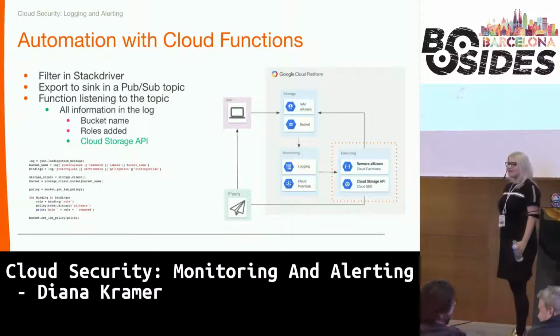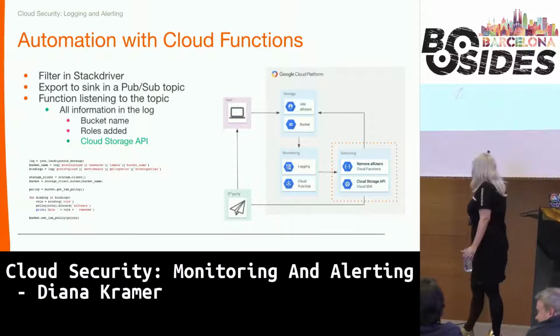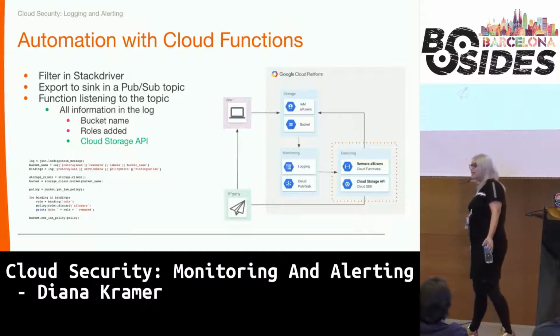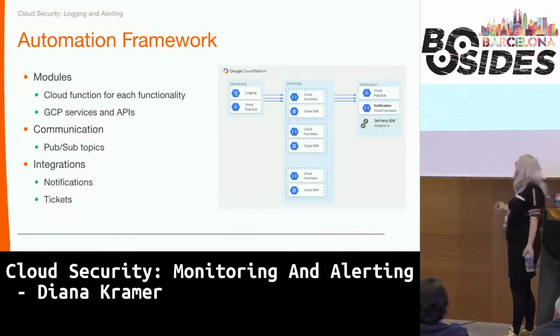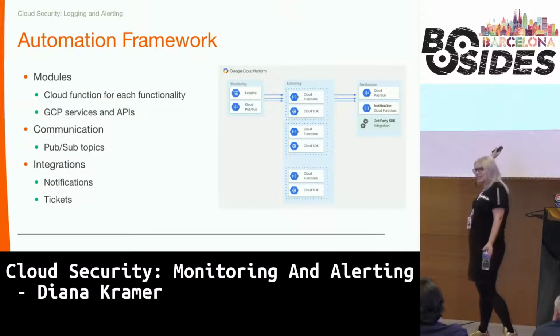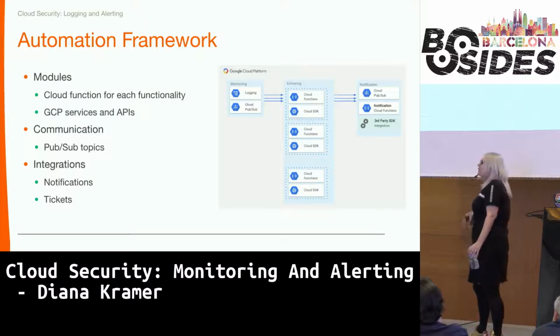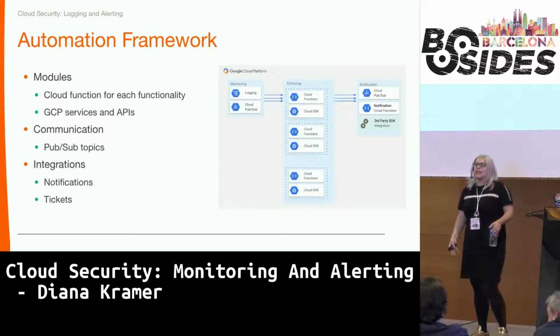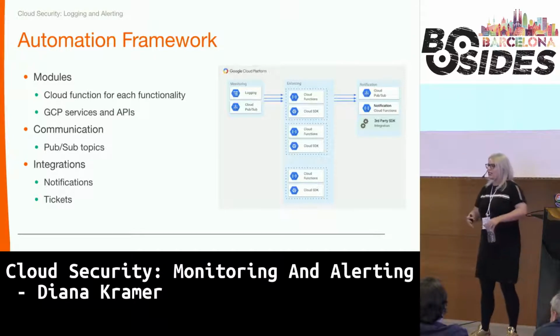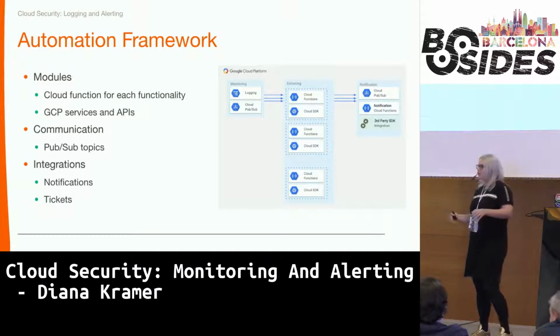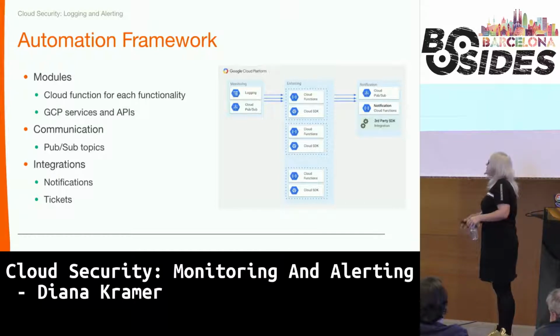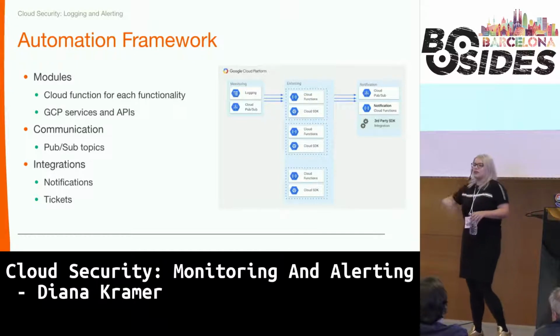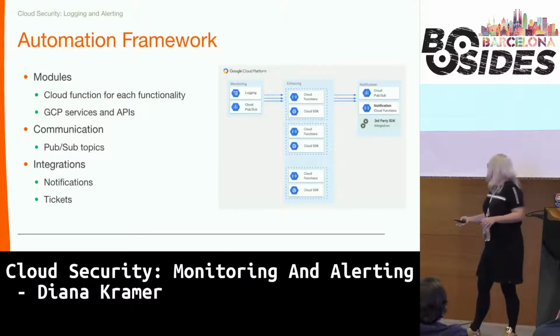Perfect. And as we saw in the case for just the public bucket, of course, this can be extended to everything. You can have a PubSub that reads logs for everything you want to enforce, be it a high volume consumption, resource consumption, or somebody adding a user from outside the company or anything like that.